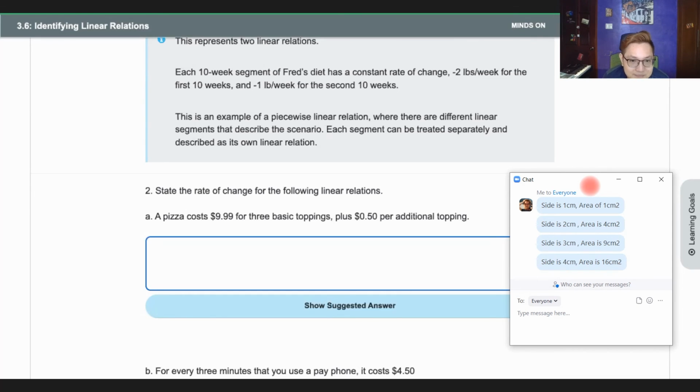Basic topping. Additional topping. The rate of change.